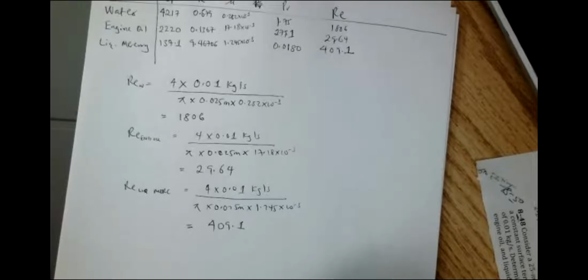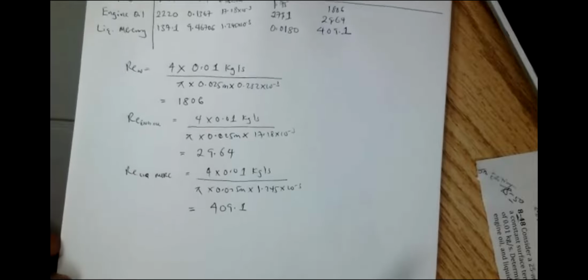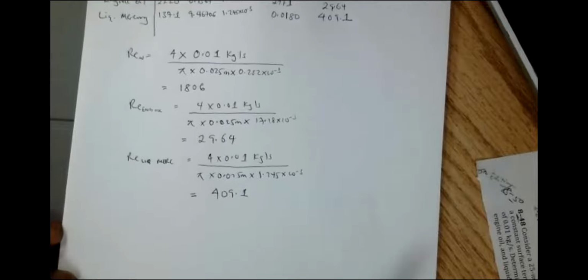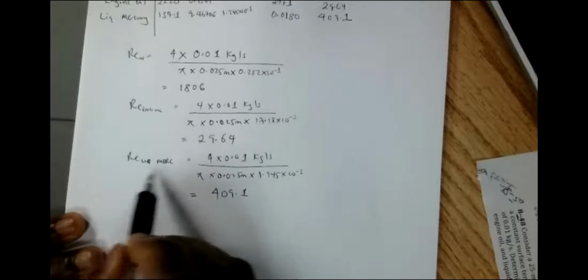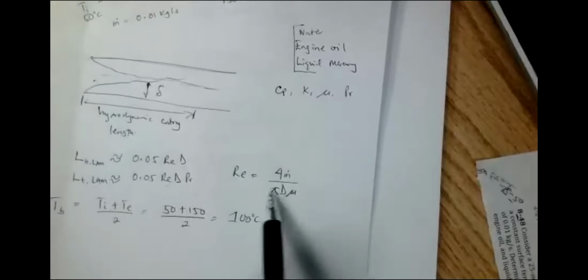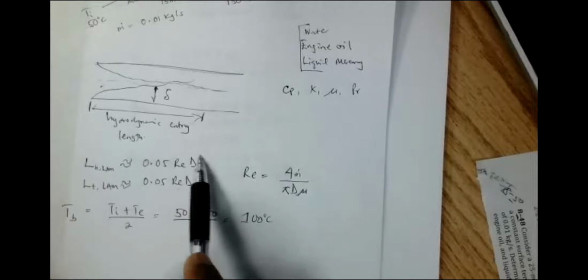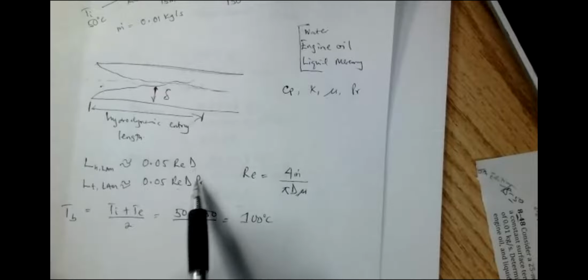So some of these calculations are just procedural. You just have to follow it step by step. So I'm just going to skip them so that we can have enough time to run through the other question. So we have this value. All we have to do now is just impute the Reynolds number in this expression, right? We also have Prandtl number from the tables.